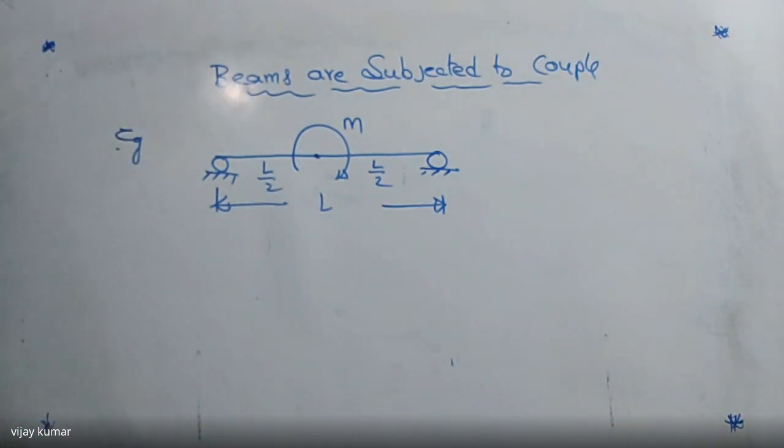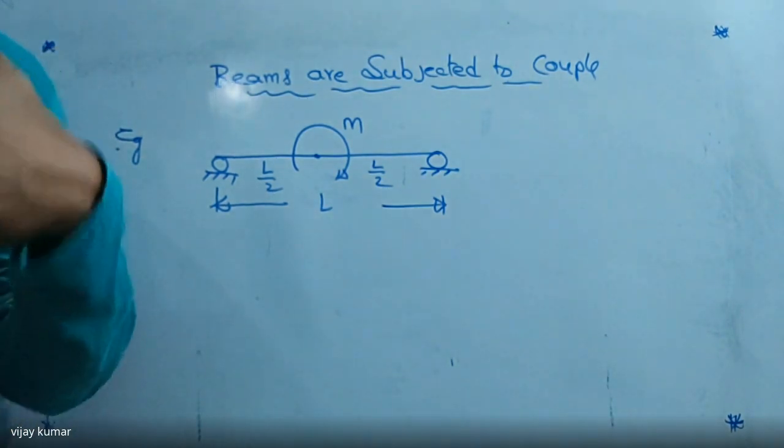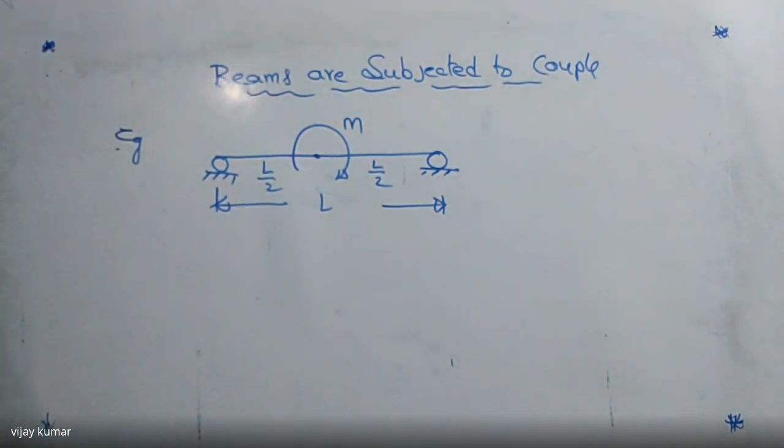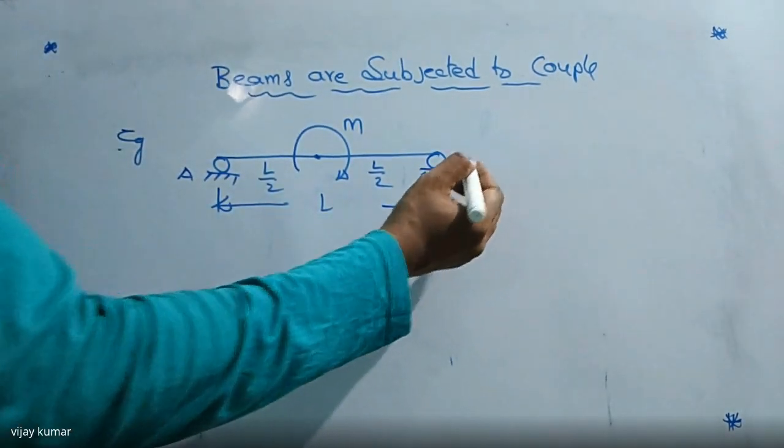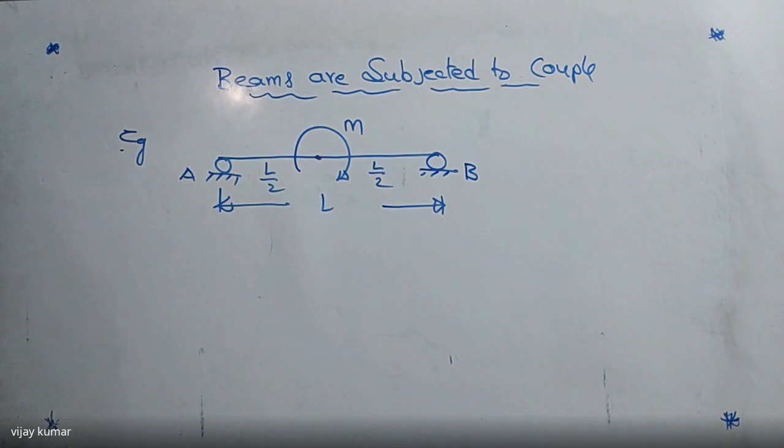So this is the simply supported beam which is subject to a couple exactly at its center. Now, first of all, my question is, what is the direction of reactions at the support? Did you get my point or not? Listen carefully.